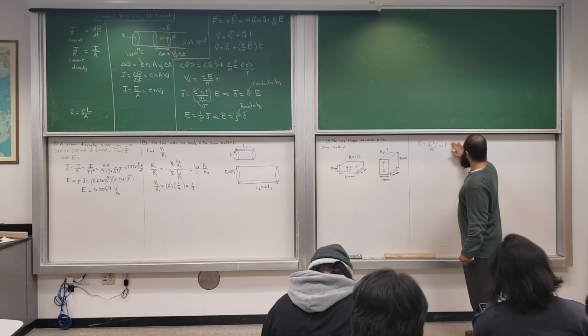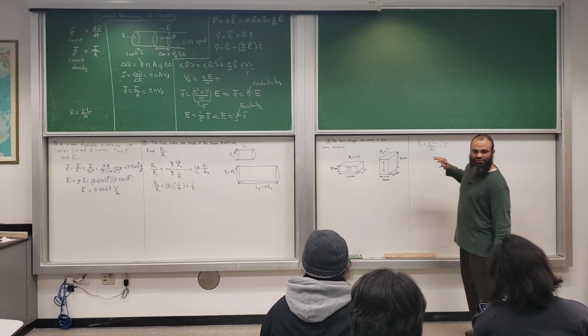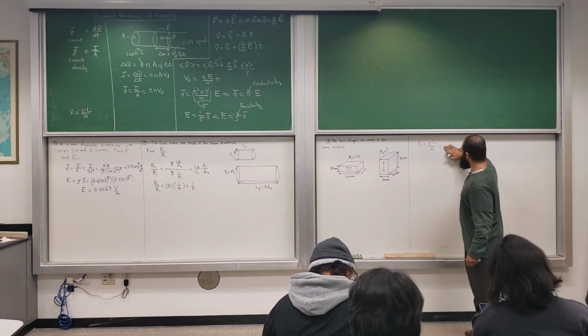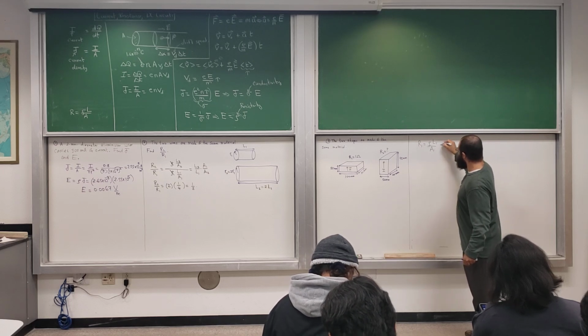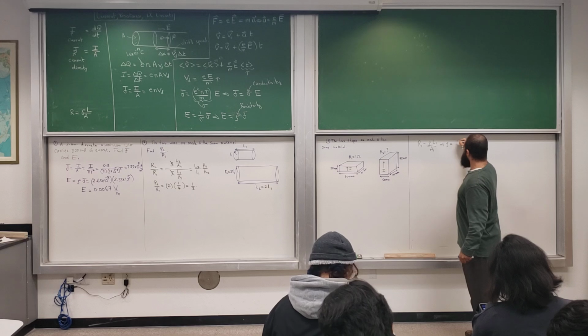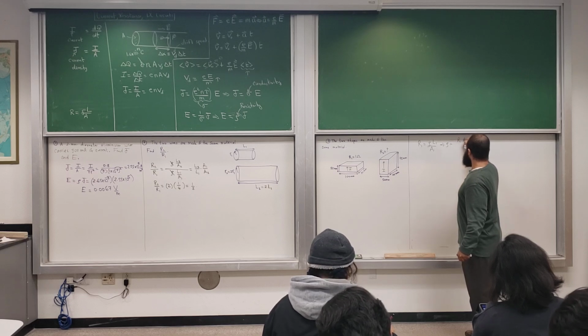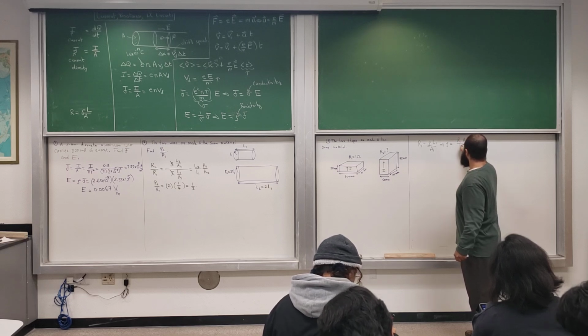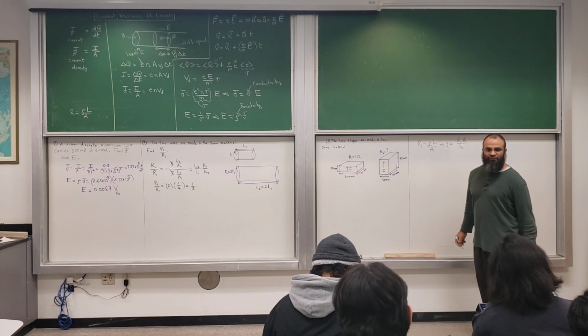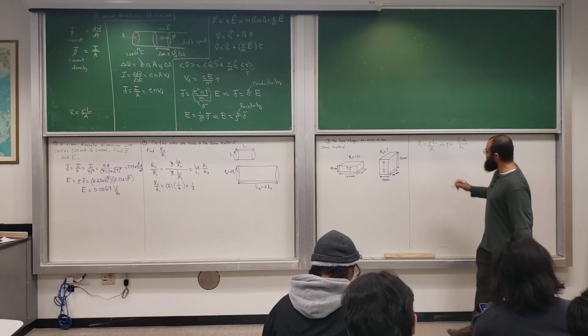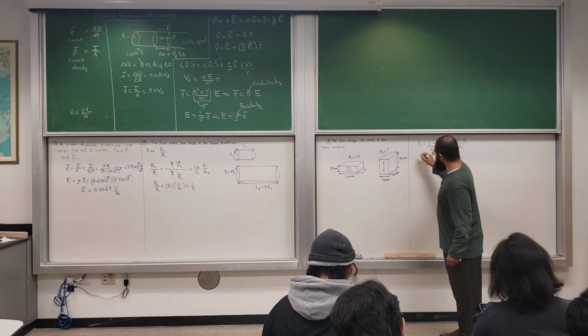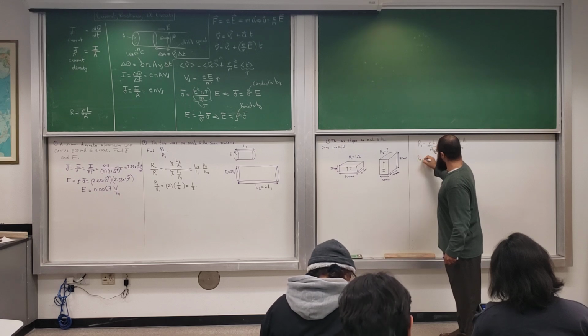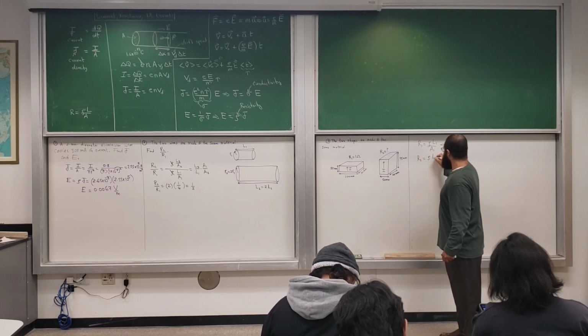Actually, I will not substitute the numbers yet. Rho would be R1, area 1 over L1. I will substitute the numbers in a moment. Similarly, R2 would be rho L2 over A2.